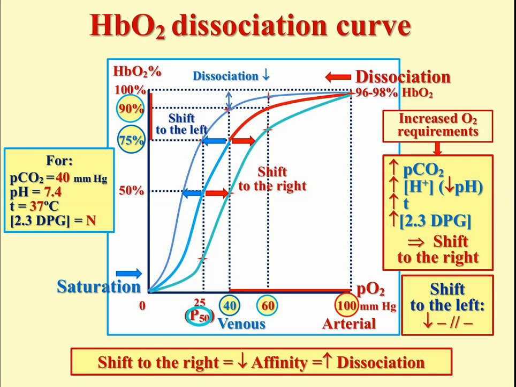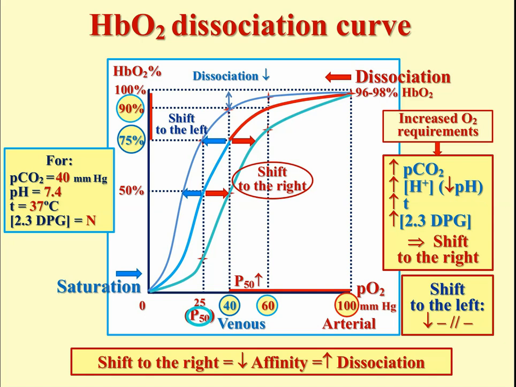And conveniently, the point of P50 moves in the same direction where the curve goes. For the curve shifted to the right, the value of P50 appears to be exactly 40 millimeters. So P50 moved from 25 to the right, to 40 millimeters.